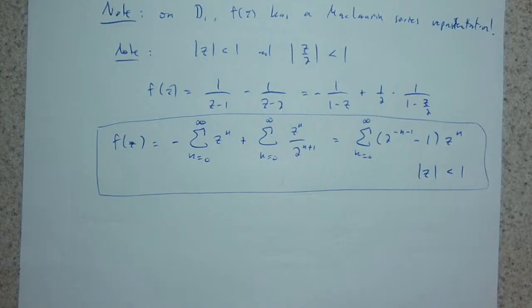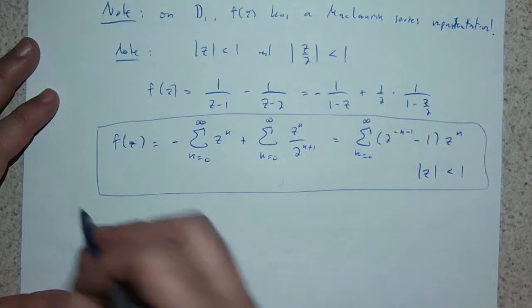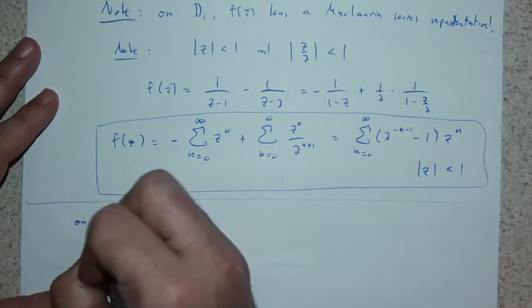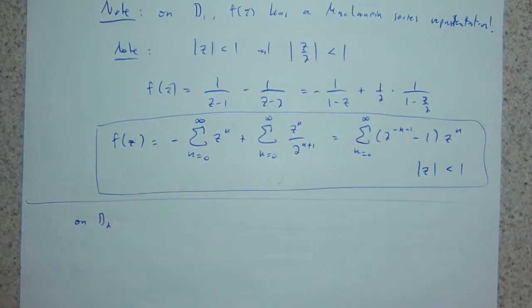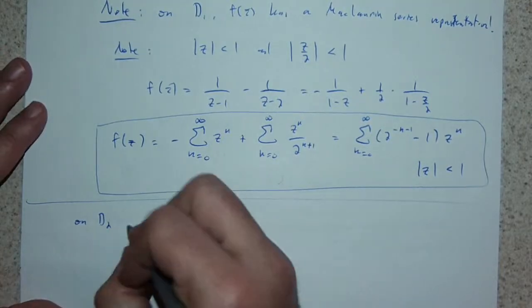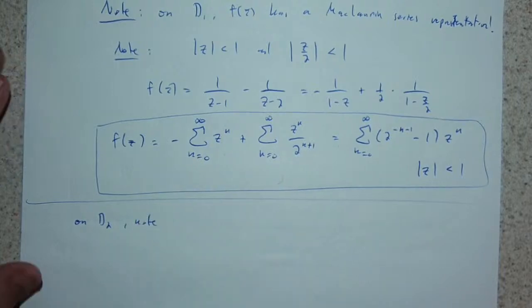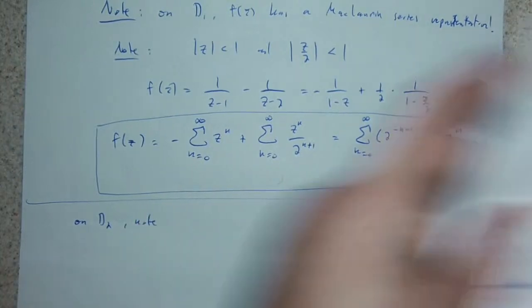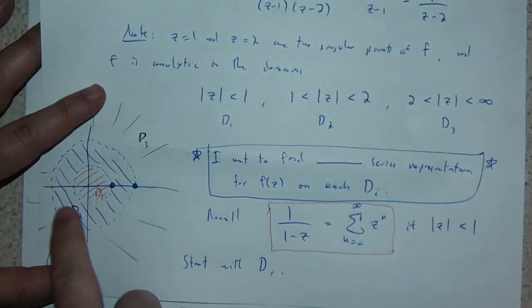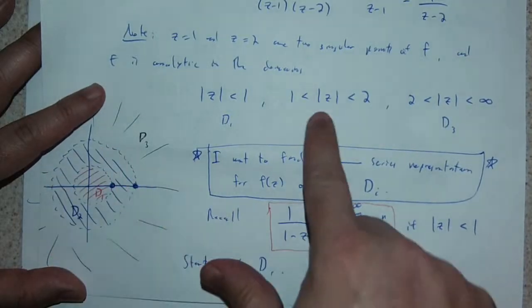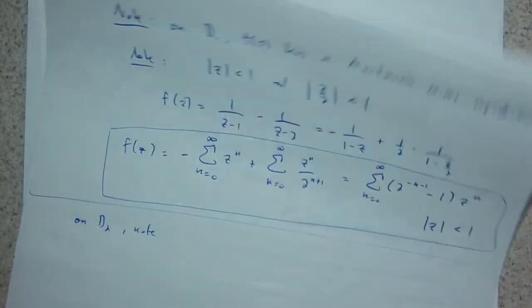Okay. What about on D2? On D sub 2, how am I going to handle this? On D sub 2, let's recall, what does that domain look like? D sub 2 is this annular region. So there it is.